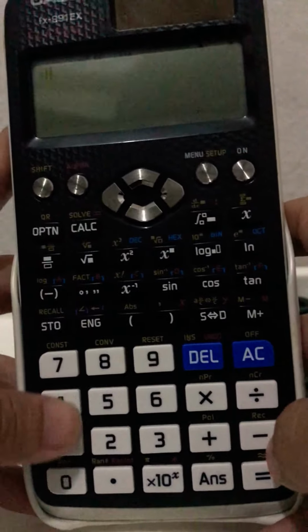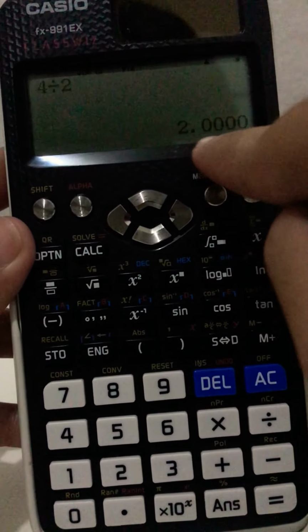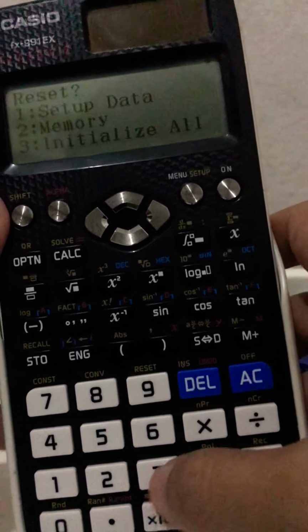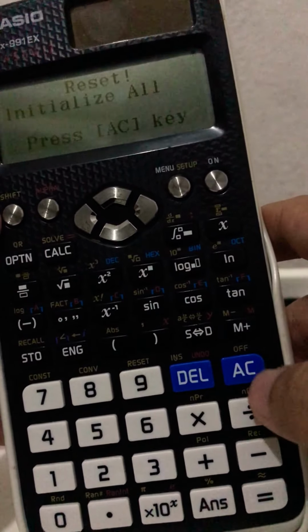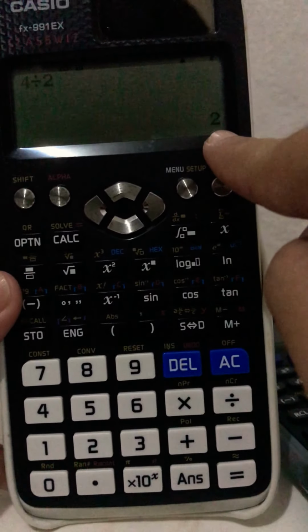But before that, let's check first 4 divided by 2. See, still have 4 decimal places. So if I do reset, number 3, 4 divided by 2 will just be 2. Okay, I hope you're friends with your calculator now.